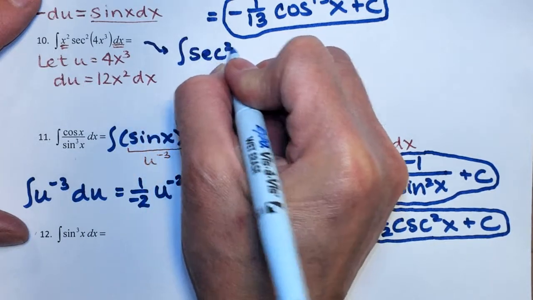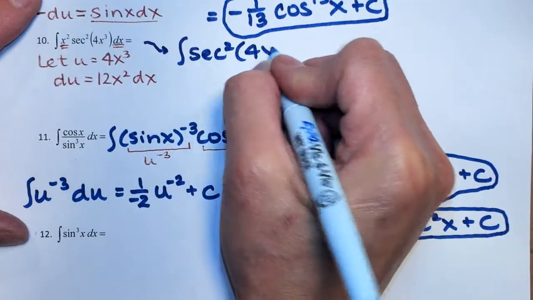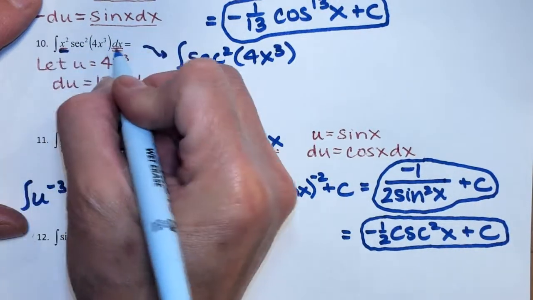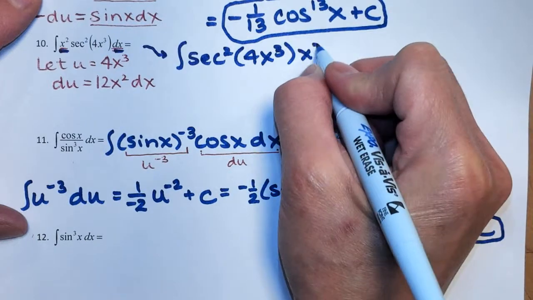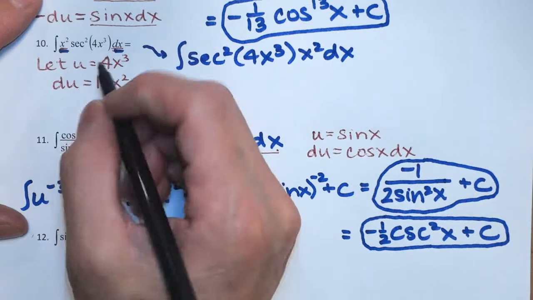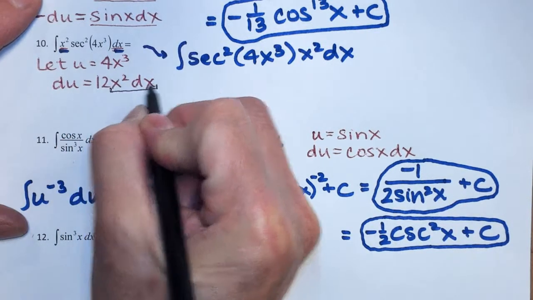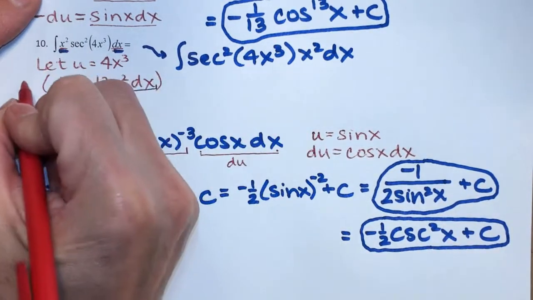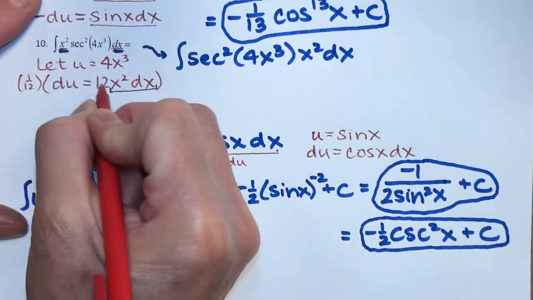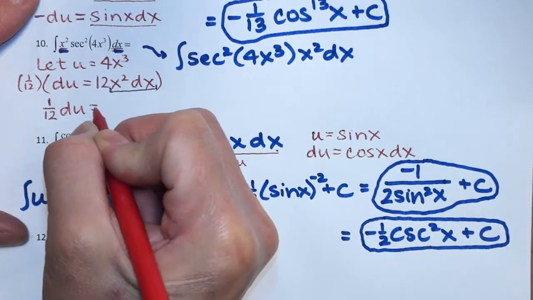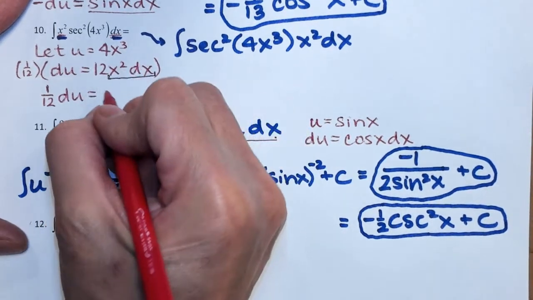So I have secant squared 4x cubed, and then I have x squared dx. We'll just group those together. Well, that is useful because I can get rid of the x squared dx. If I multiply both sides by 1/12, move the 12 over to the other side, I get 1/12 du is x squared dx.